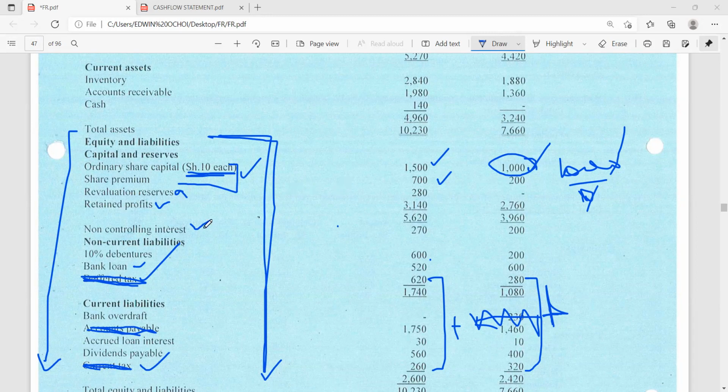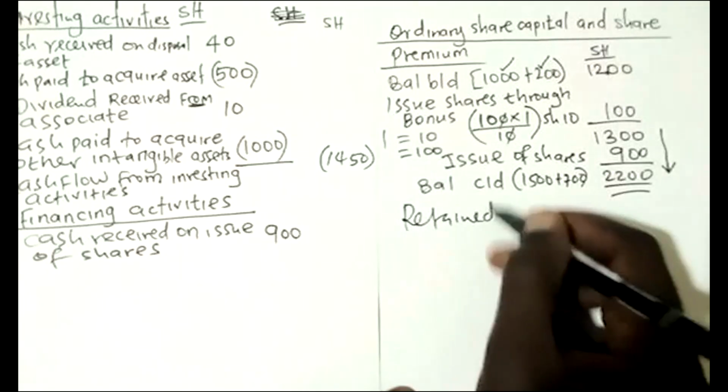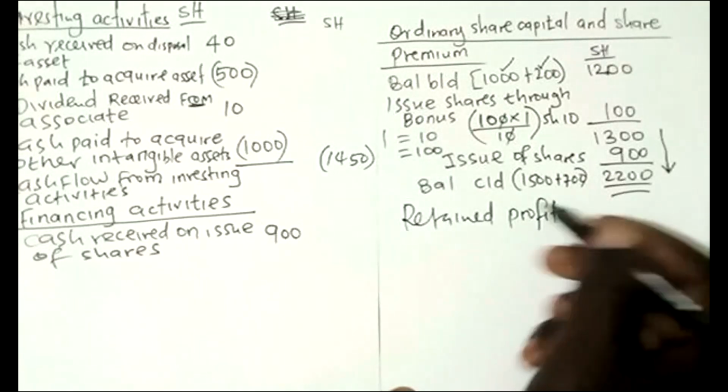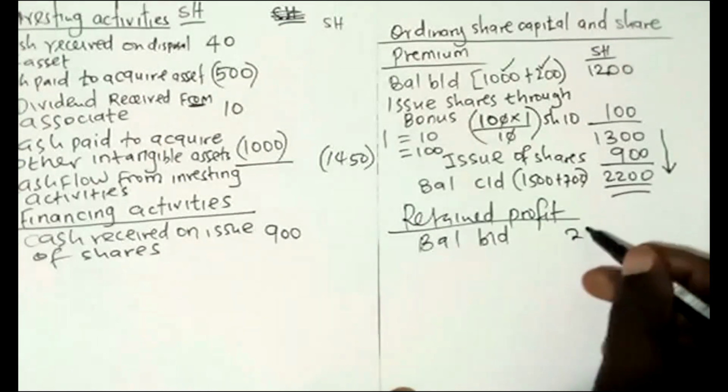We go to the retained profit, balance brought down 2,760.